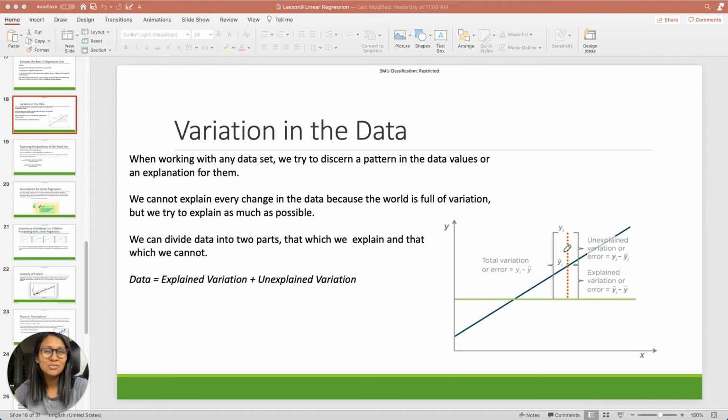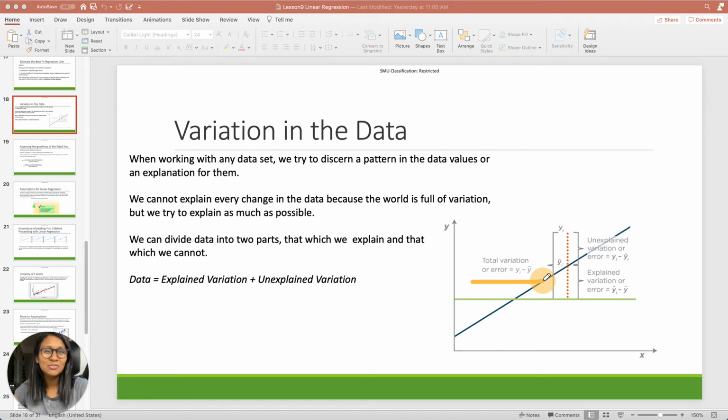Now for an observation yi, which is an actual observation in the data, let's say it's over here. And you see that the point yi hat is this estimated value. So yi is being estimated as yi hat on this visualization.